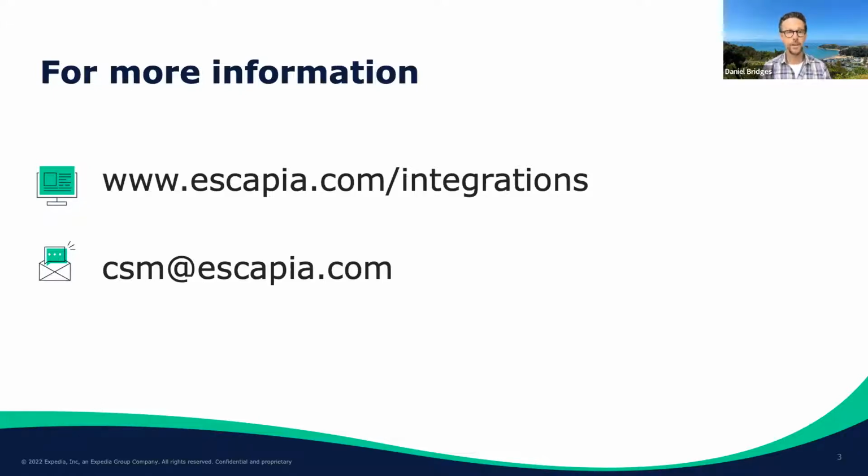You may find, even in some cases, you might be using a third-party piece of software that actually integrates with Escapia. So don't miss the opportunity to streamline your operations by connecting that directly.